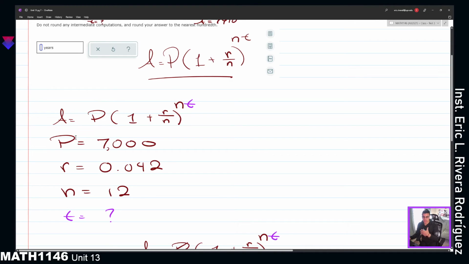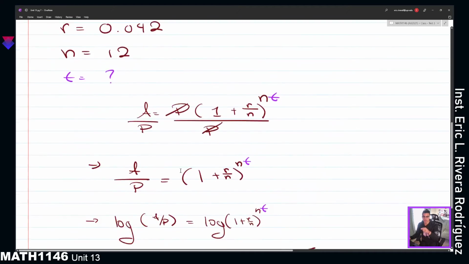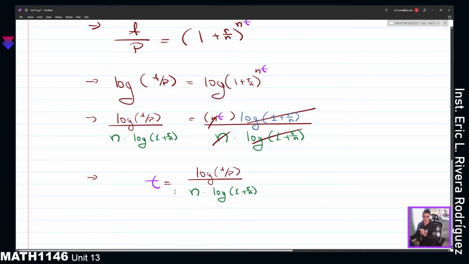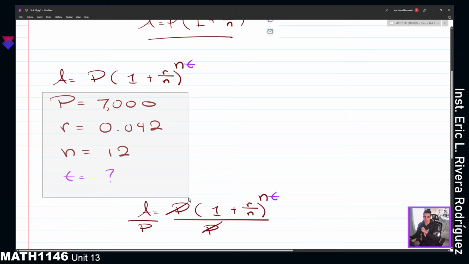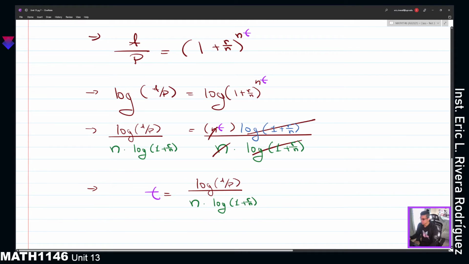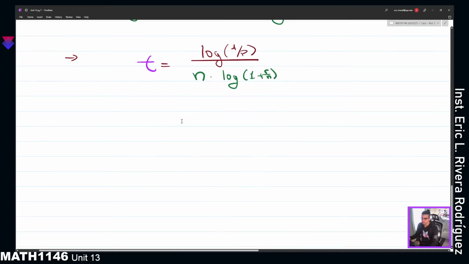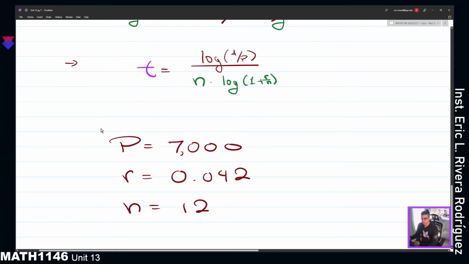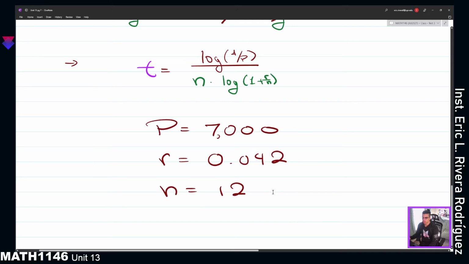That's why I choose to not substitute the values until I have t isolated, or I have an equation for t. Okay, so now what I need to do is just to substitute these values into that expression.